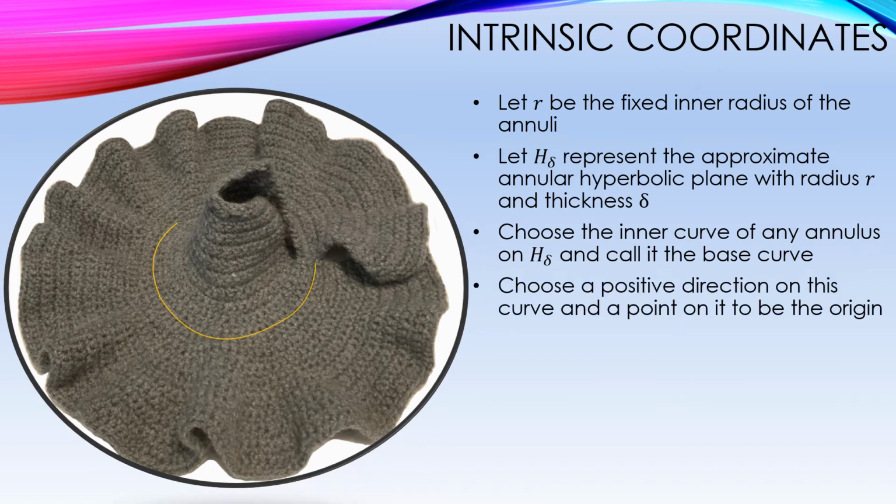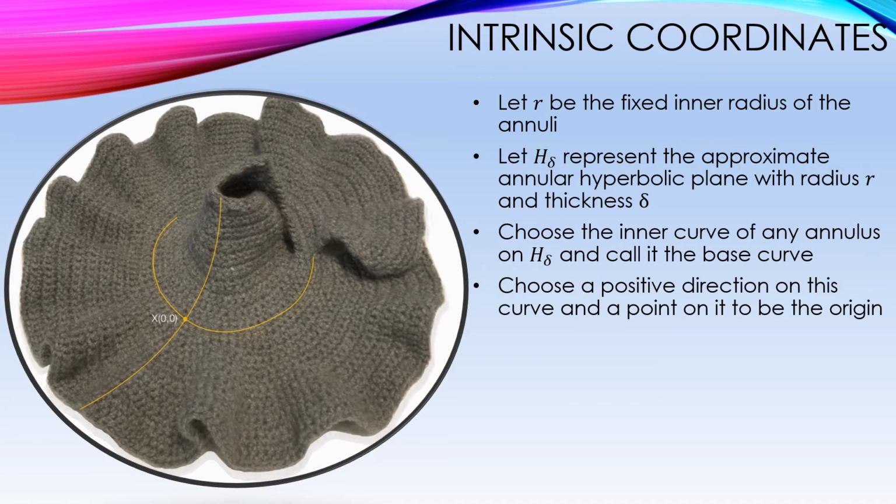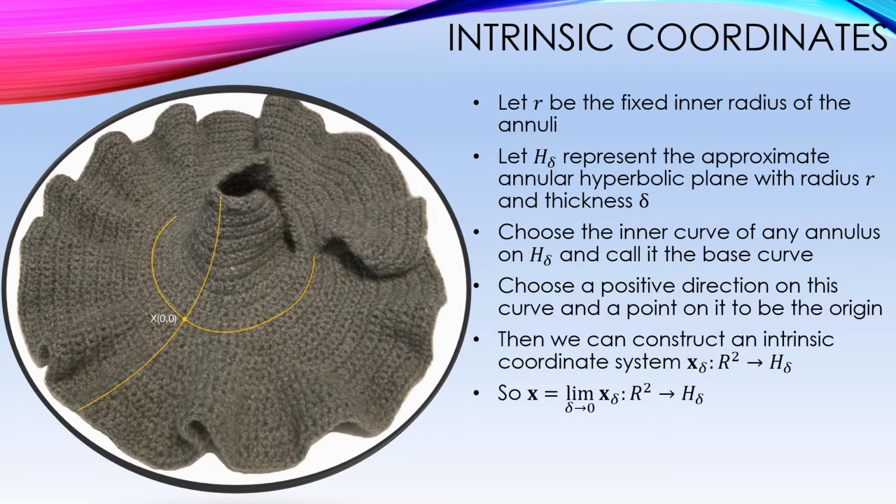Next, we're going to choose a positive direction on this curve and a point on it to be the origin. Then we can construct our intrinsic coordinate system that we're going to call x sub delta, which takes our usual coordinate plane to our annular hyperbolic plane.